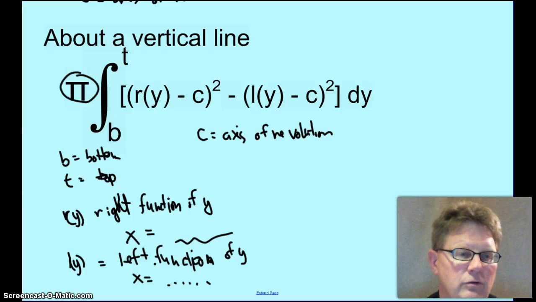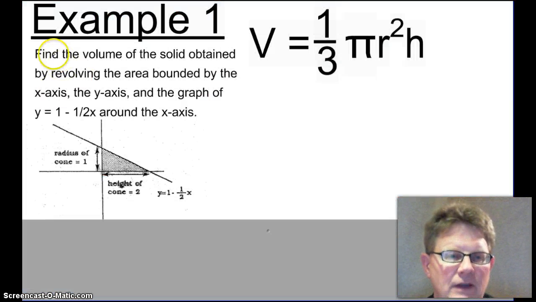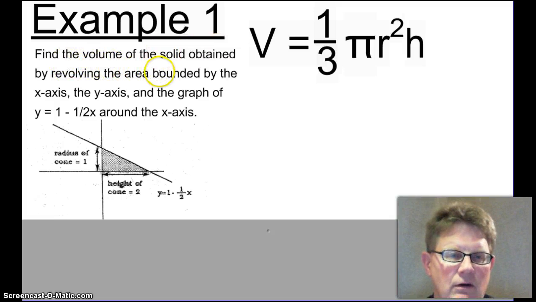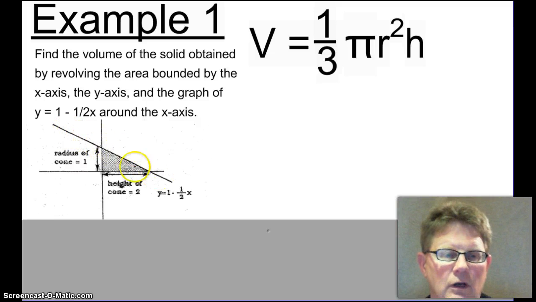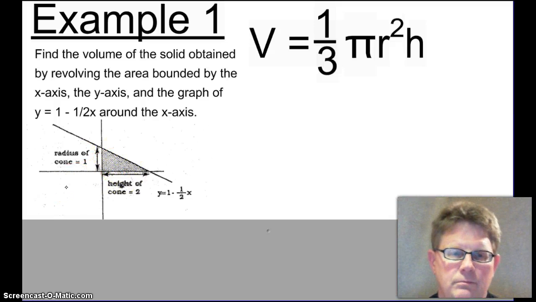All right, let's move on to our first example. See what's going on here. Find the volume of the solid obtained by revolving the area bounded by the x-axis, the y-axis, and the graph of y equals 1 minus 1/2 x. And we're going to revolve that around the x-axis. When we do that, we're actually going to make a cone.